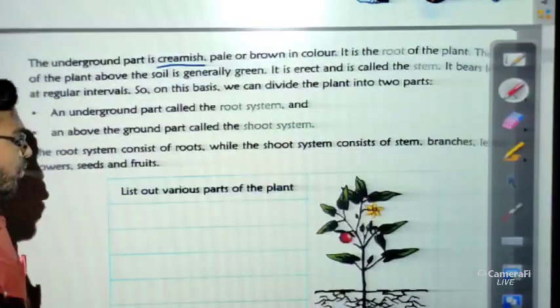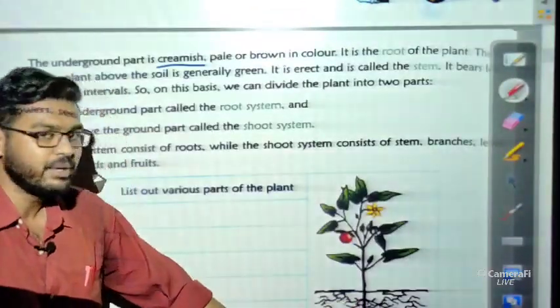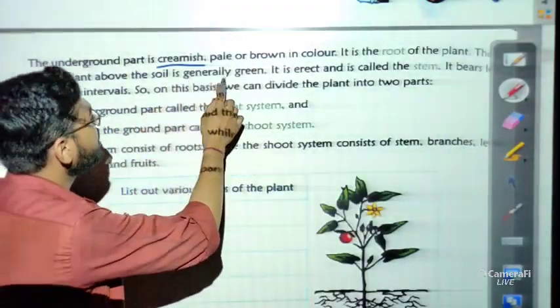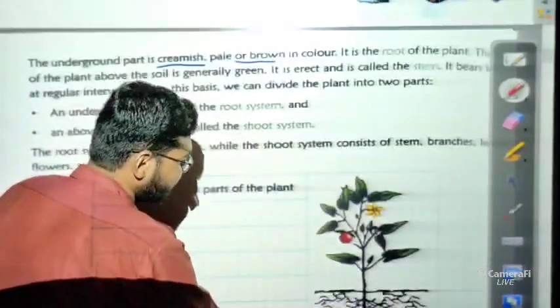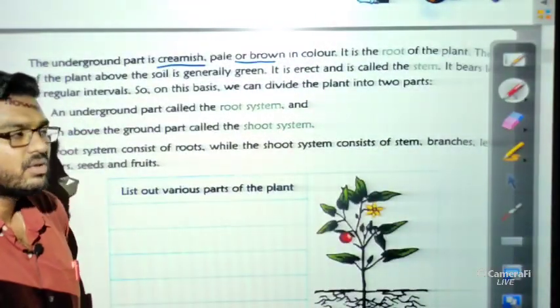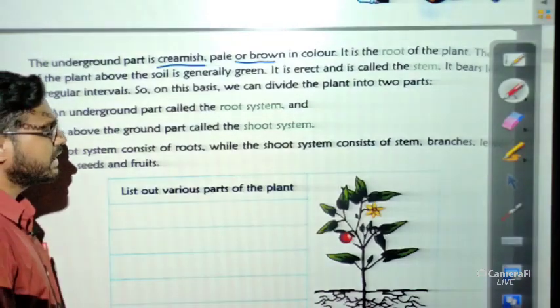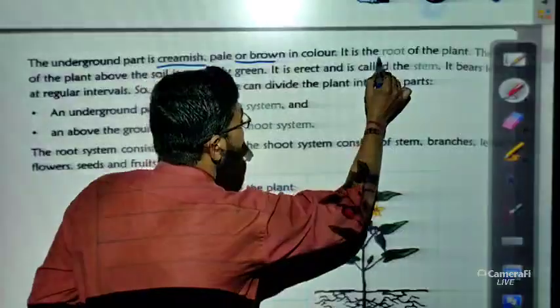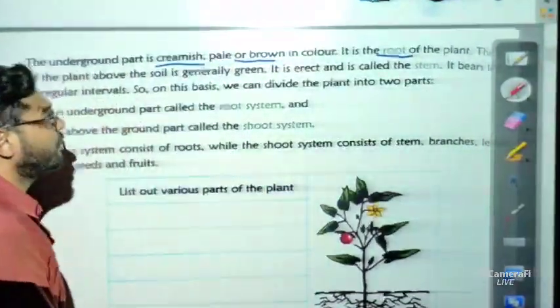Underground part means the part which is below the ground. That part is basically creamish, pale and brown. You can see the color; all of you might have seen. The color of the underground part of a plant is basically brown. We call it the root of the plant.